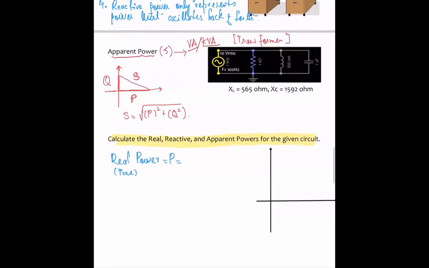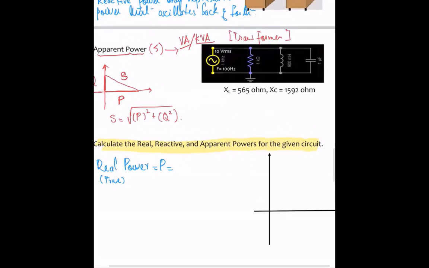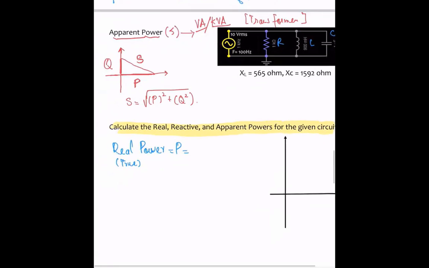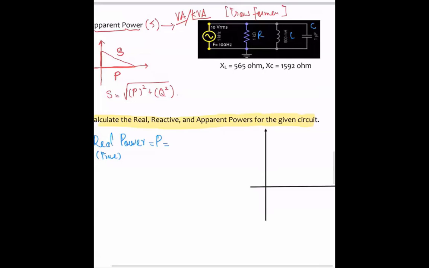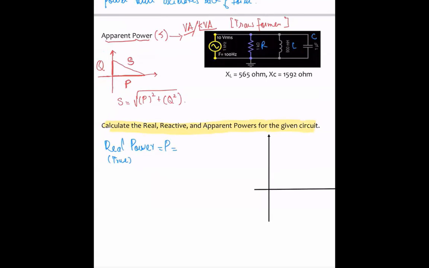Also focus, guys, the circuit on the top right of your screen is a little different from the one we had in lecture number 2 on Thursday. We had a series circuit with resistor, inductor, and capacitor. Here they are all connected in parallel. So real power is only the power across this resistor.